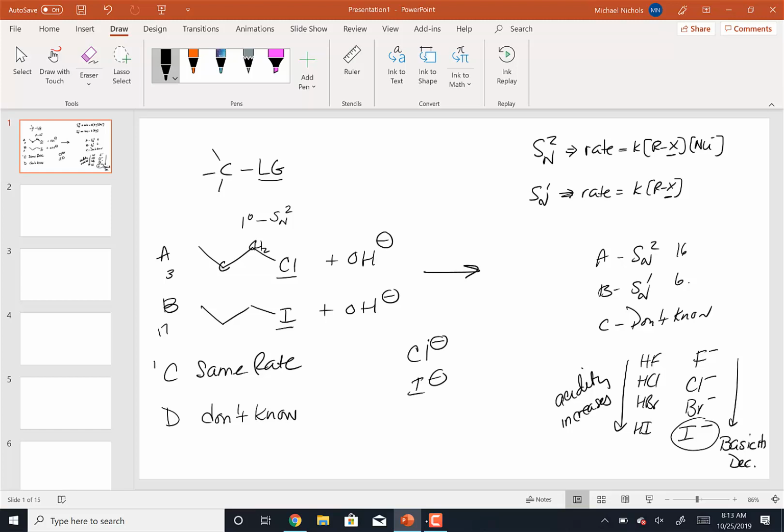Now the next question would be, so I minus is the better leaving group, but does leaving group ability affect the rate? And we started off by me saying, yes, leaving group ability will always be affecting the rate because it is in the rate equation for both SN2 and SN1.